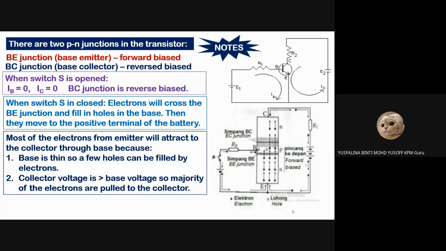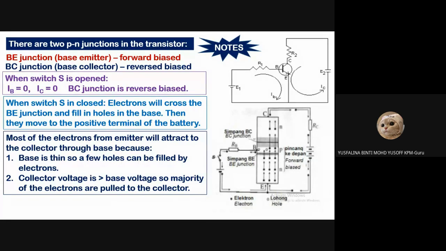So when the current can flow, the electrons will cross the BE junction. Then they fill in the holes in the base.